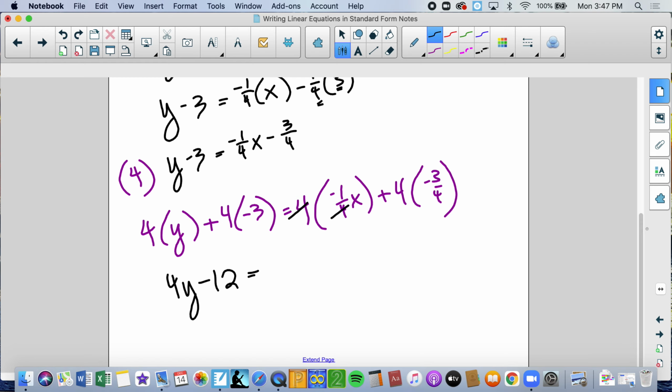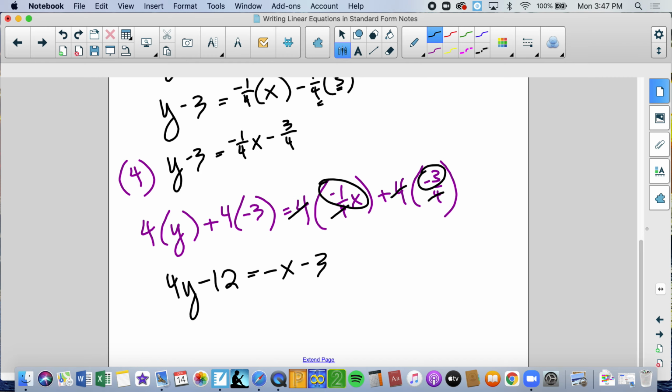The 4 in the denominator cancels with the 4 in the numerator. I'm left with -x, not -1x, -x. 4 in the denominator cancels with 4 in the numerator. I'm left with -3.